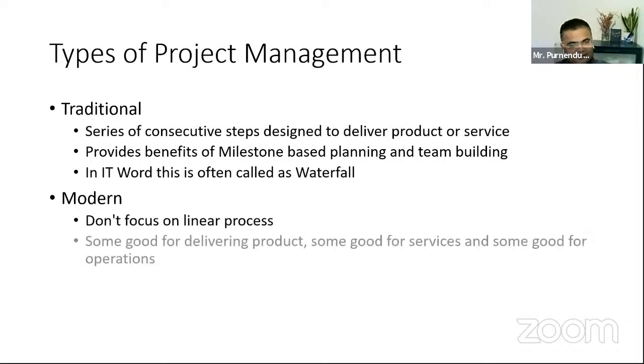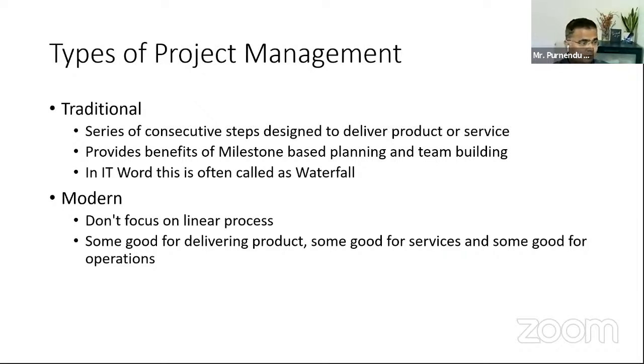While modern methods are the new era of methods, they don't focus on linear processes. They focus on broken processes, and they divide things into phases, take an objective, deliver it within that phase, and then move on to the next phase. So they are a bit different from traditional ones. Some of them fit well.